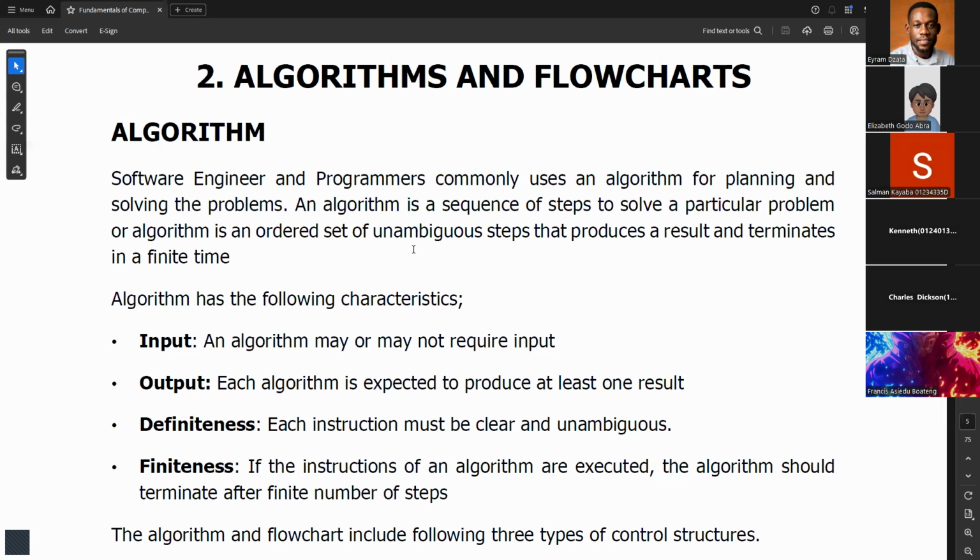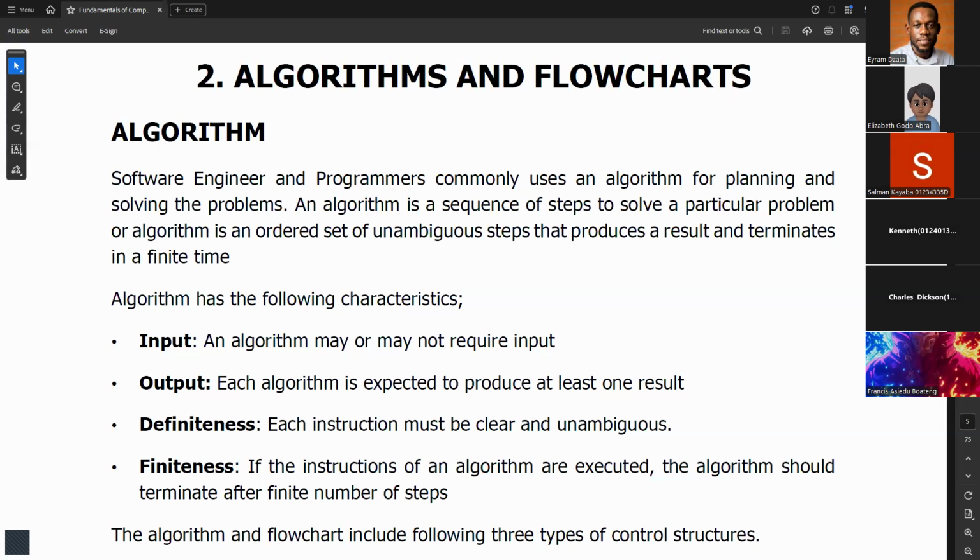Now, these algorithms are ordered sets of unambiguous steps that you need to solve a problem. Ordered set of unambiguous steps that you need to solve a problem.